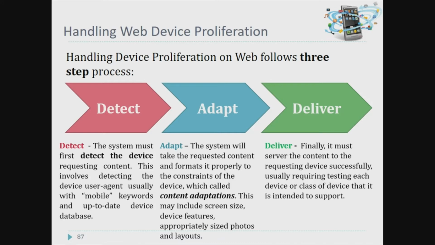And the next part is deliver. Finally, it must serve the content to the requesting device successfully, usually requiring testing on each device or class of device that is intended to be supported. If you look at a certain application, it already mentions that it only supports Chrome browsers.